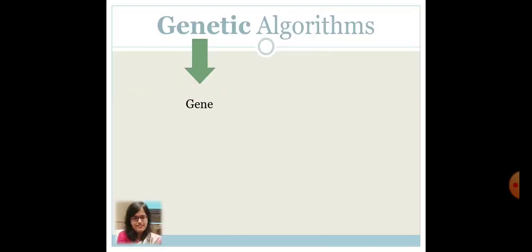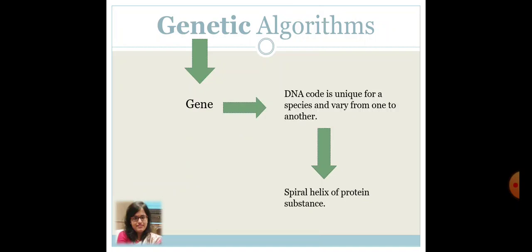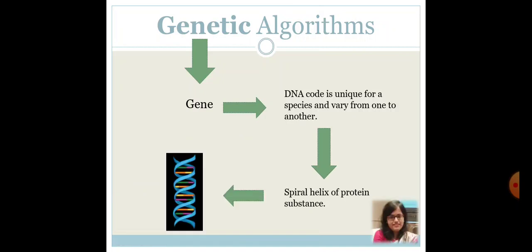So the term genetic came from the word gene, which is basically a DNA code that is unique for a species and varies from one to another. This gene is formed by a spiral helix of protein substance, which looks something like this.